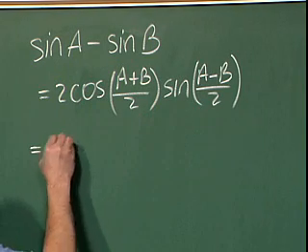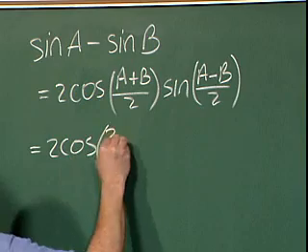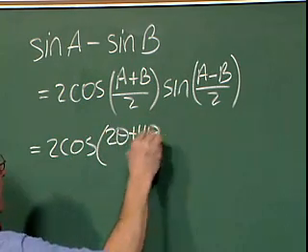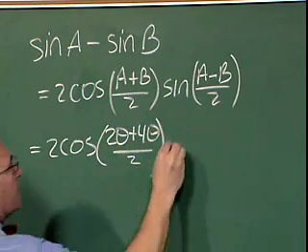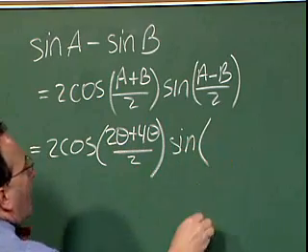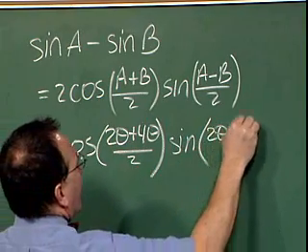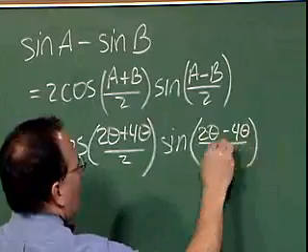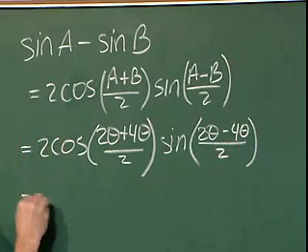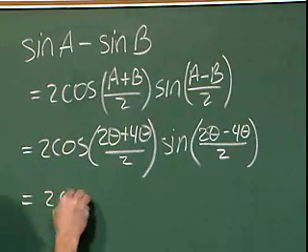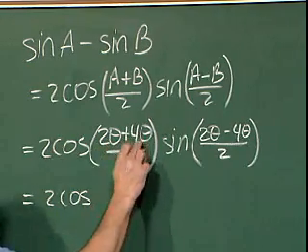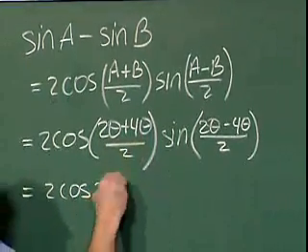So this is equal to 2 cosine of (2 theta plus 4 theta) all over 2 times the sine of (2 theta minus 4 theta) all over 2. And this simplifies then to 2 cosine, well, that's 6 theta over 2, which is 3 theta.